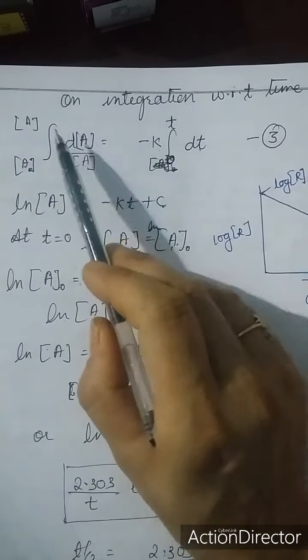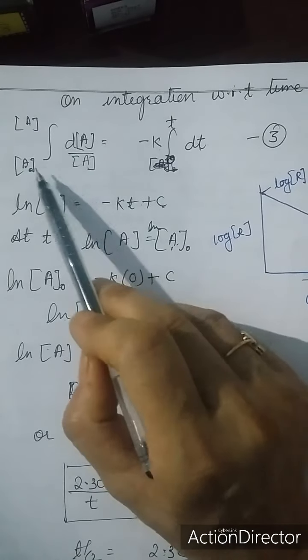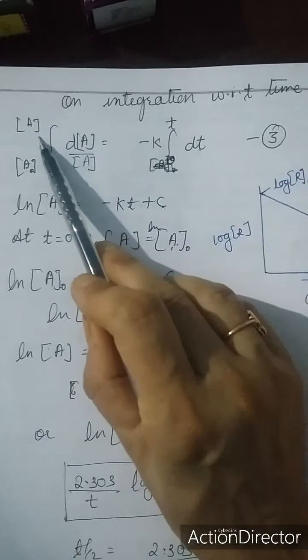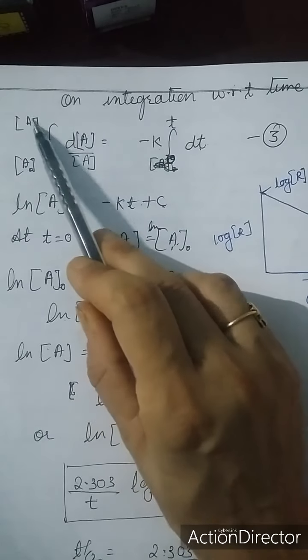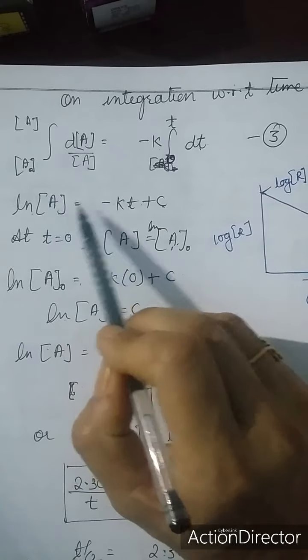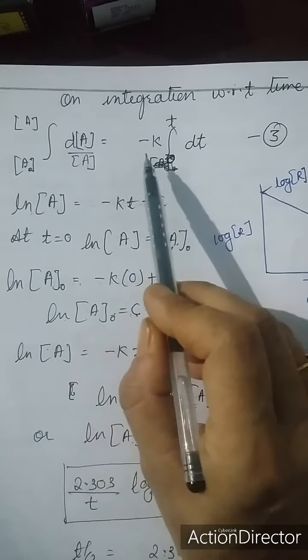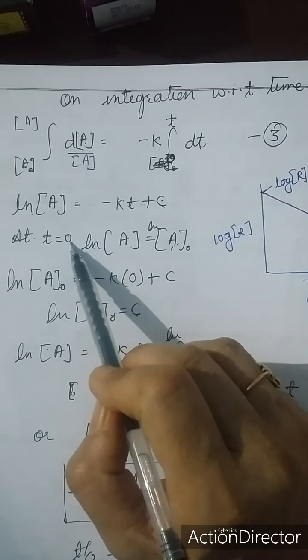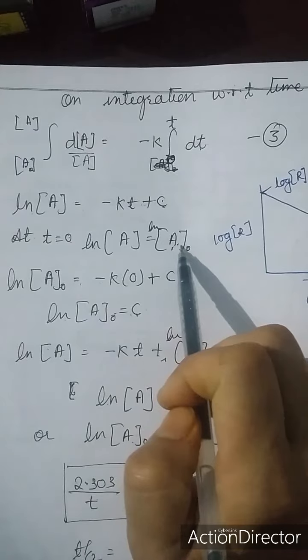Now we are integrating it with respect to time, at time 0 it is A0, at time t it is A. So when we integrate dA by A in this time interval limits, it will be natural log A is equal to minus kt plus c. And now you will put the value, that is at time t is equal to 0, natural log A will be equal to natural log A0.